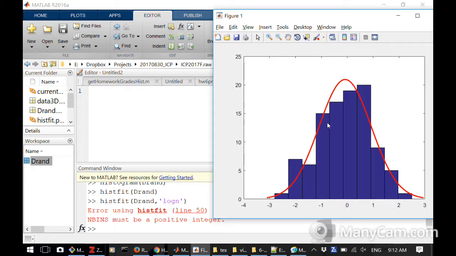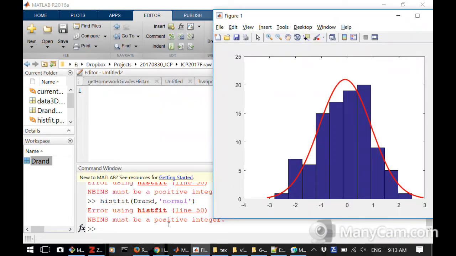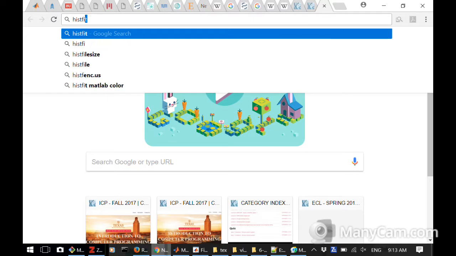Anyway, you can always test the shape of your distribution with histfit. So if I say here normal, I think this should work. I don't remember exactly, so we have to look at the manual and see what histfit accepts.